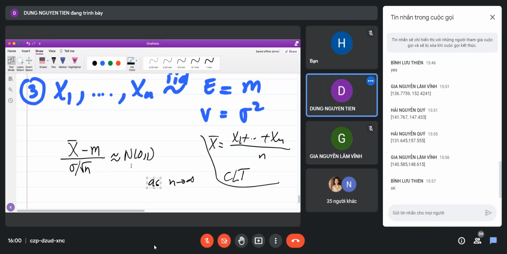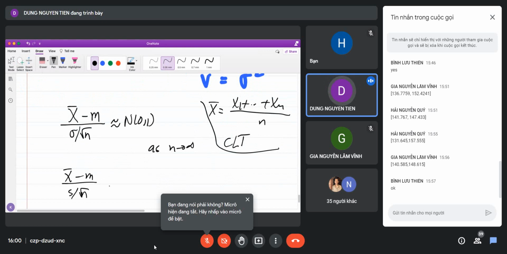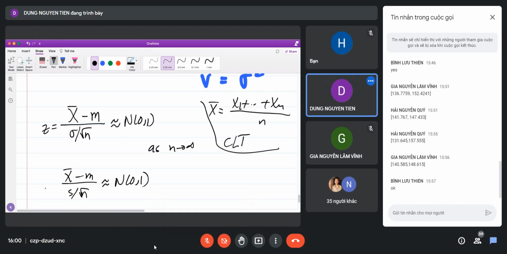Is that clear? All right. You can also approximate sigma by s if you don't know sigma. So you get (x bar minus m) over (s over the square root of n), which approximately follows the standard normal distribution as well. You can say this is z, this is also z. If you know sigma, you should use the first one.